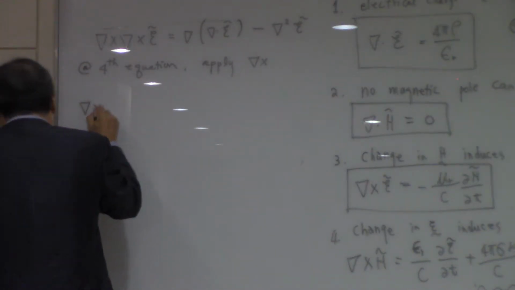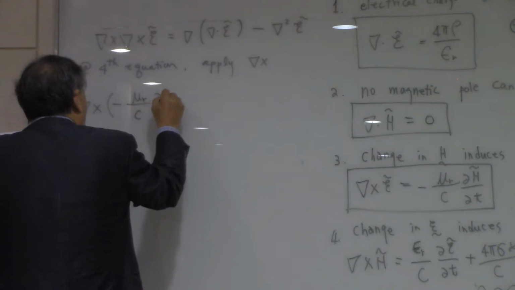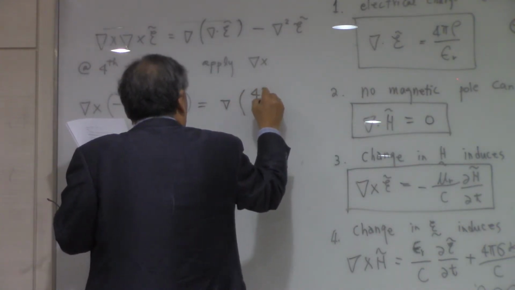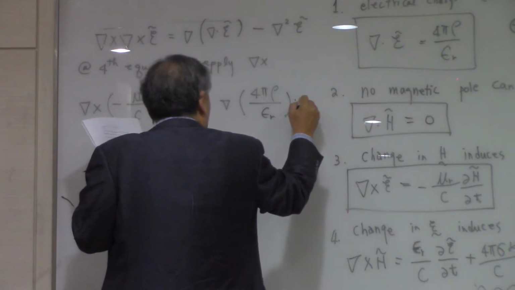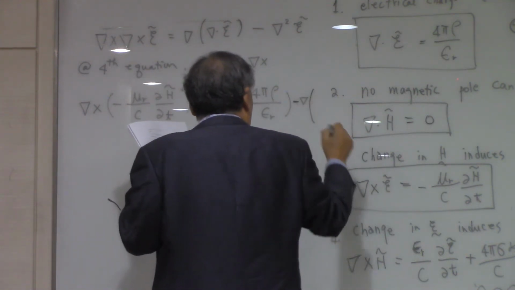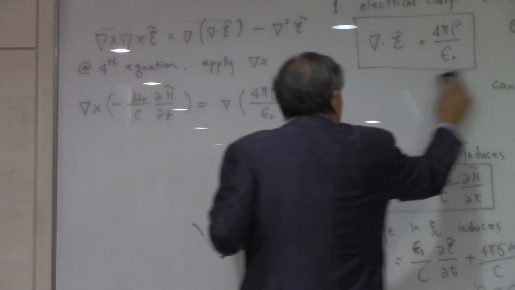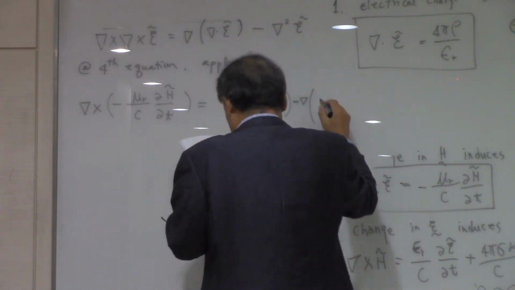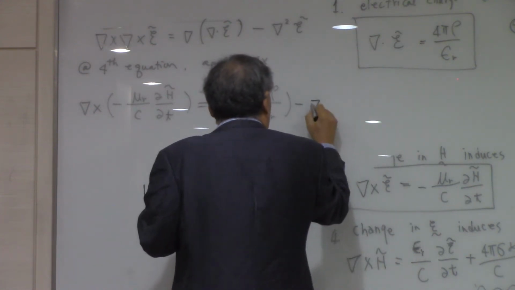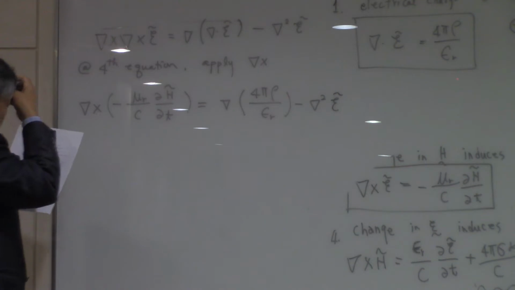Then you are going to get something like this: mu r of c, round t, round h, and that is going to be equal to 4 pi rho over the electric constant minus del, minus del square electric field. Okay?